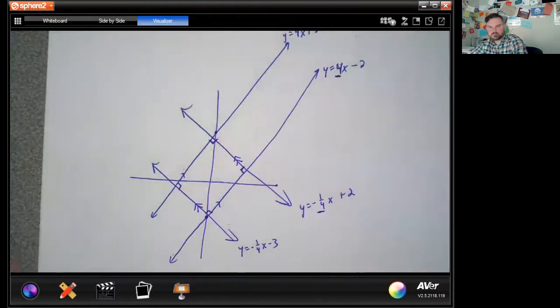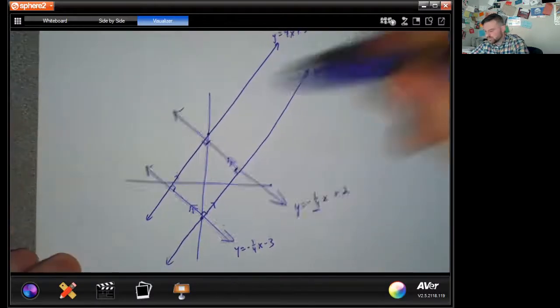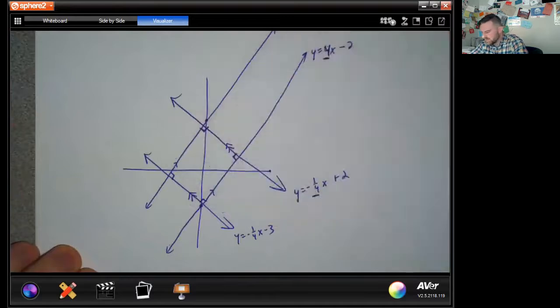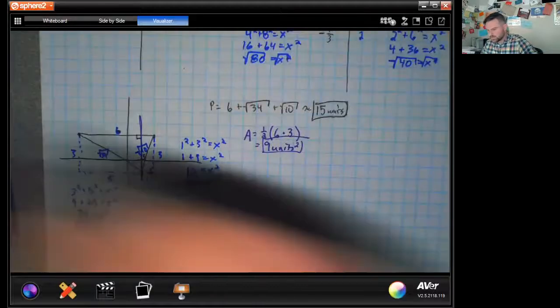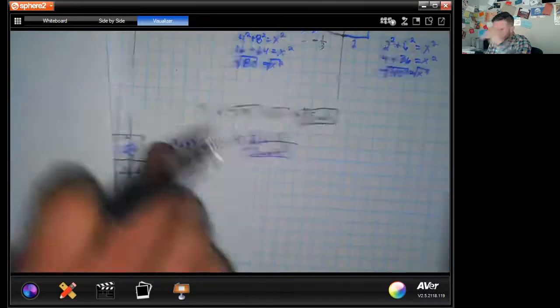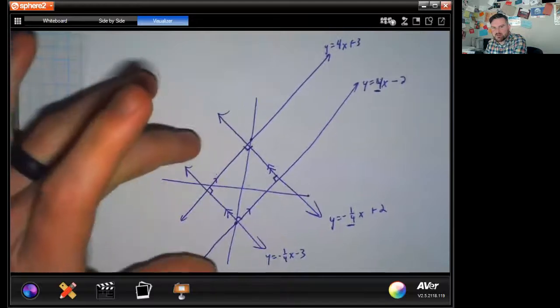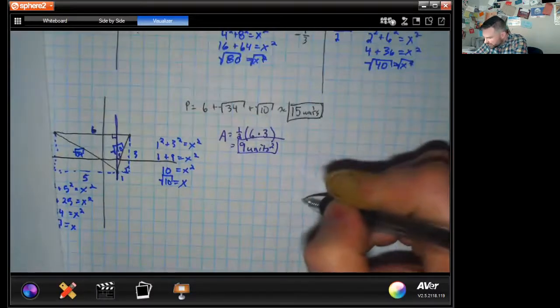I wanted you to see that on here, so we can see the parallel, because if I actually graph this, it's a pretty small shape. But I am going to graph it now because we need to check to see if the sides are the same. I can't really see that on this graph because I didn't actually plot points.